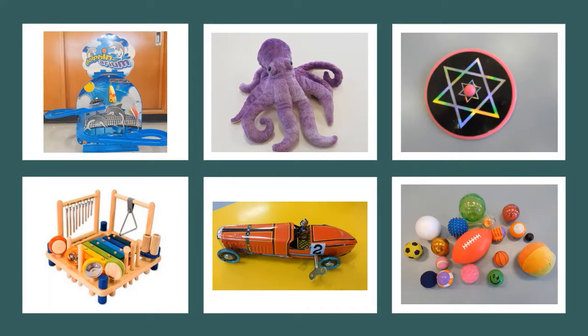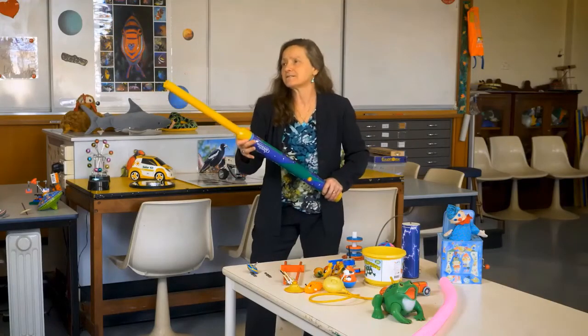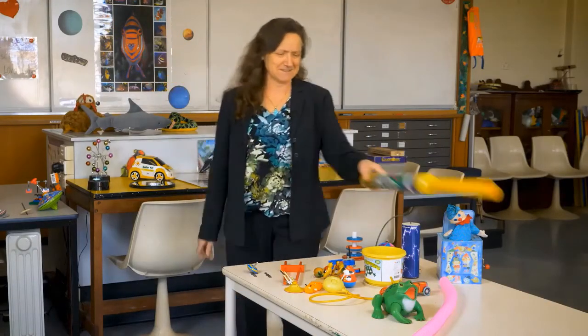All of these topics and more can be made engaging, informative, and interactive using toys. Teaching science and technology at the primary level is not rocket science. Well, maybe it is.